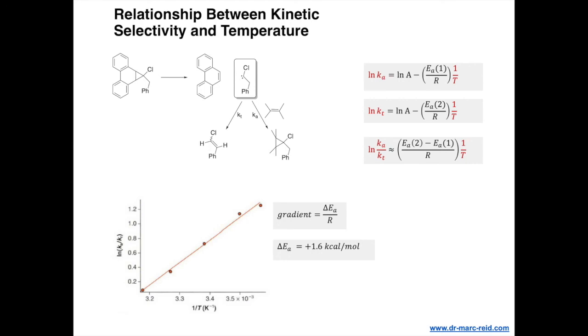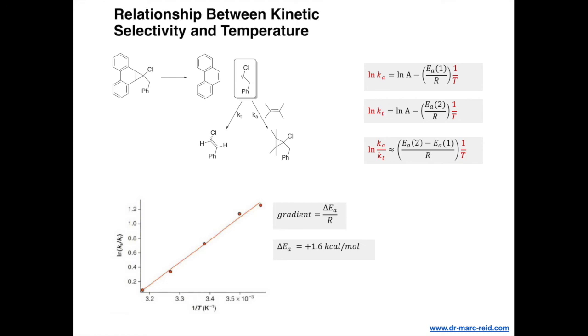On the right, we can express the Arrhenius relationship in linear form for both decay processes. These are shown in the top two equations on the right hand side. The ratio of these equations is shown in the third grey box, wherein we see that the plot of 1 over T versus the natural log of Ka divided by Kt gives a linear trend.